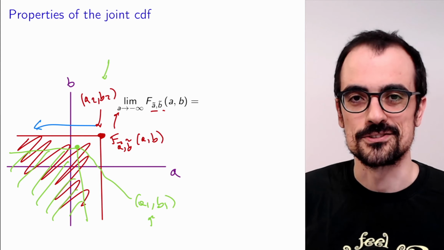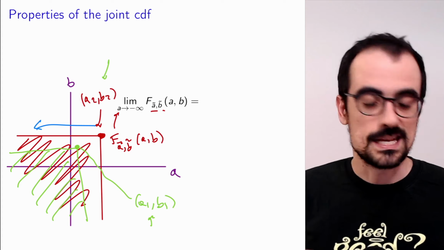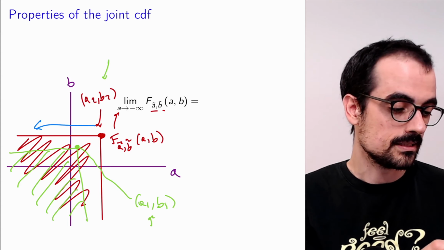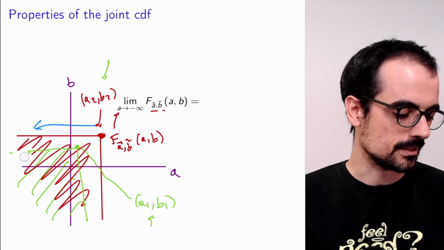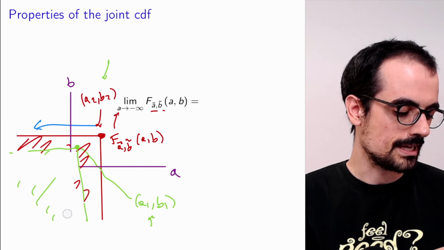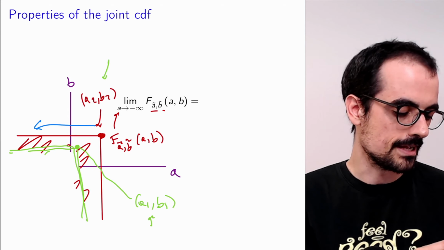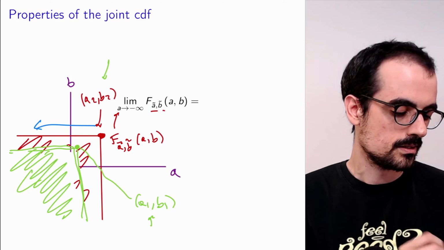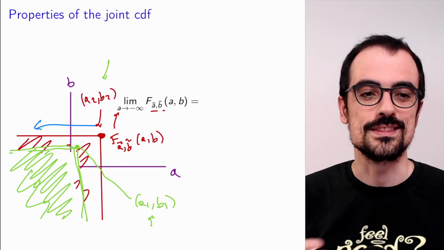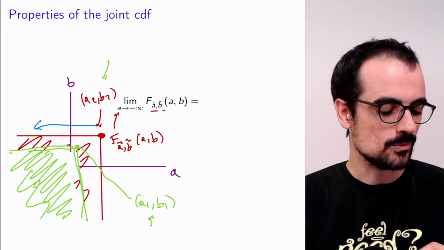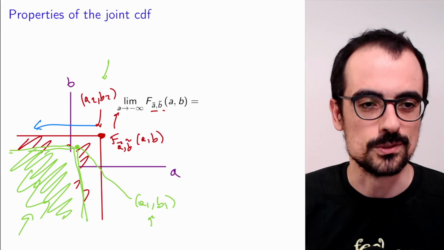Hopefully that picture makes sense, and you can obviously make this precise, essentially realizing that the probability that you are in the red rectangle is equal to the probability that you're in the green rectangle plus the probability that you're in this region in between.